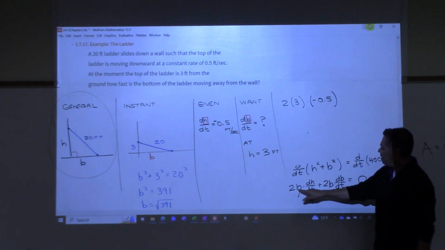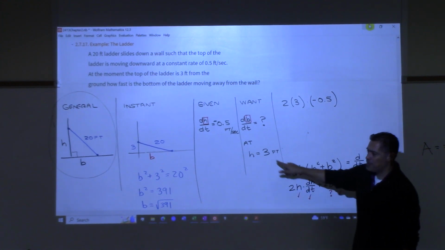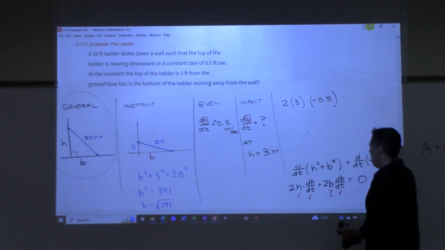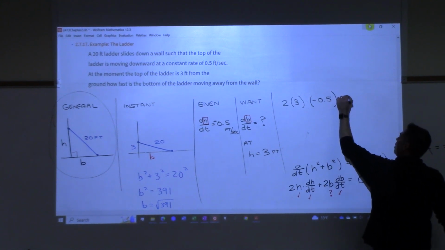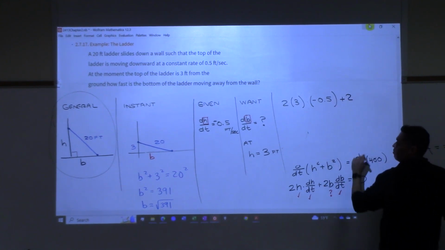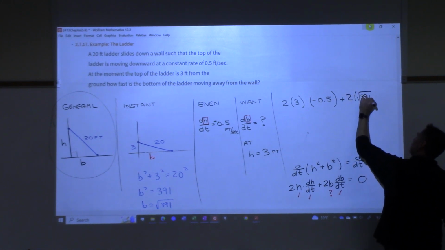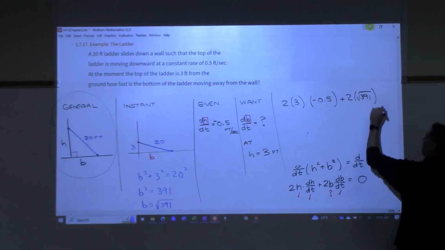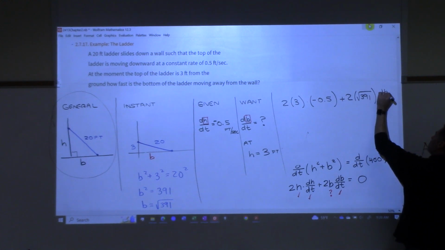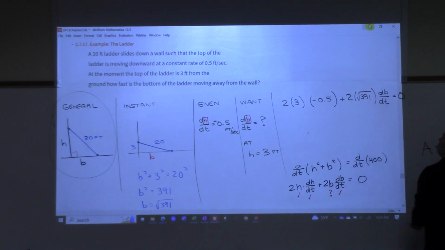And then plus 2 times b, which we just said was the square root of 391, times dB dt, which is what I'm trying to solve for, equals 0.